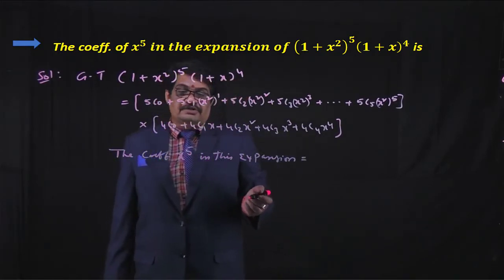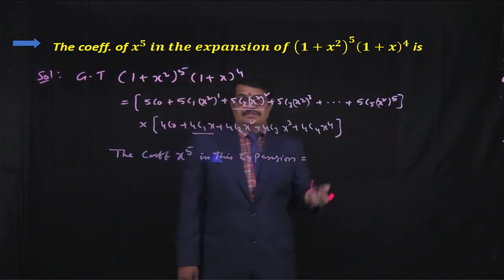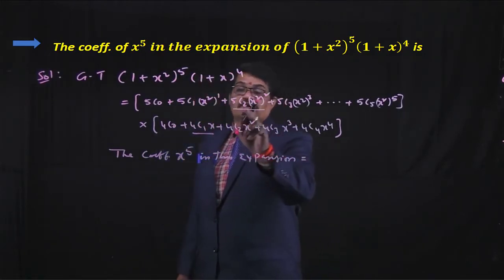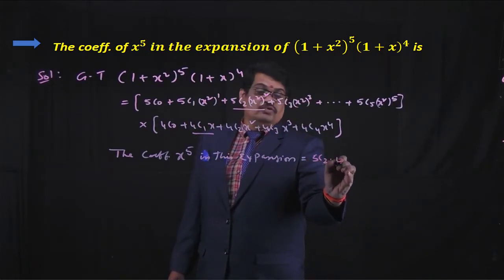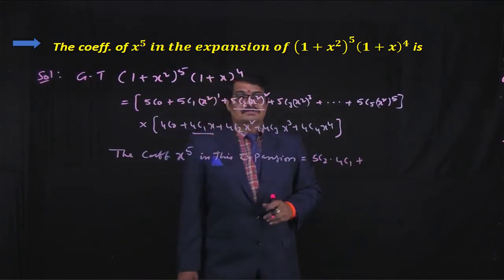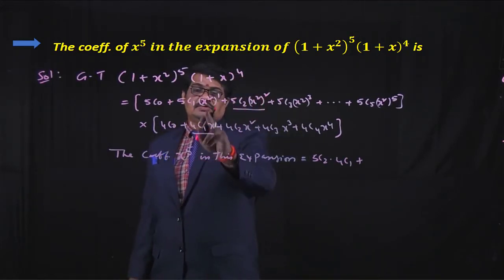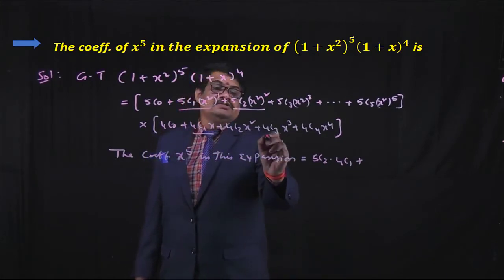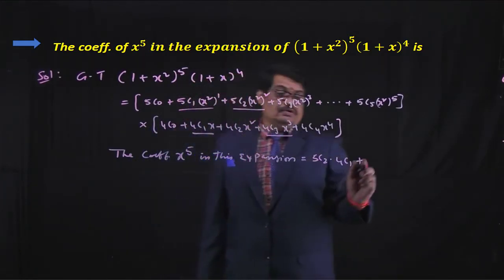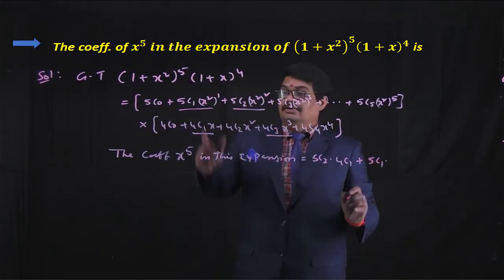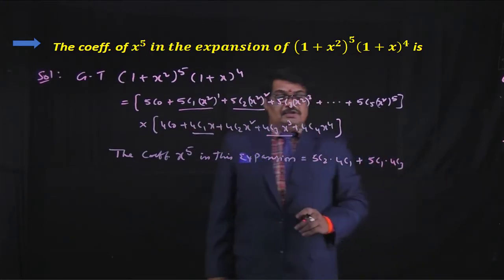Here x square, here 4c3 x cube. Here x cube into x square, that is x to the power of 5. So the product of 5c2 x power 4 and 4c1 x, that is x power 5, gives 5c2 into 4c1, that is one chance. And another chance is 5c1 x square with 4c3 x cube, giving 5c1 into 4c3. This is the other chance.